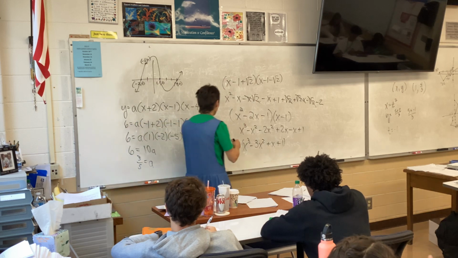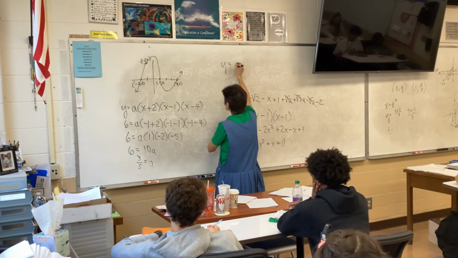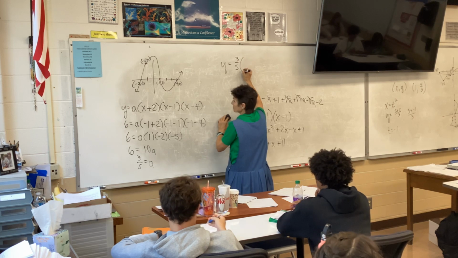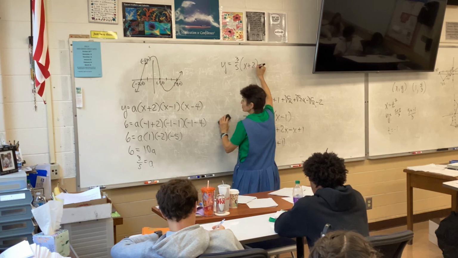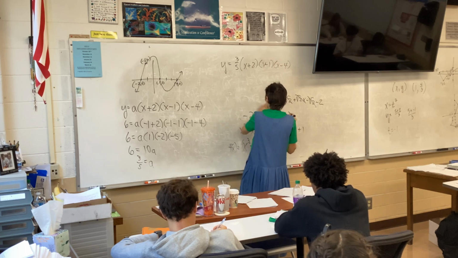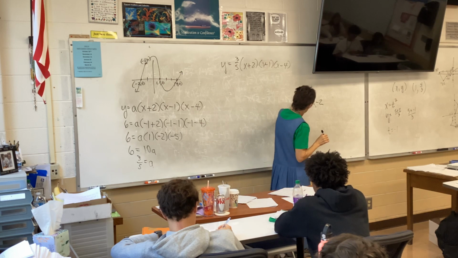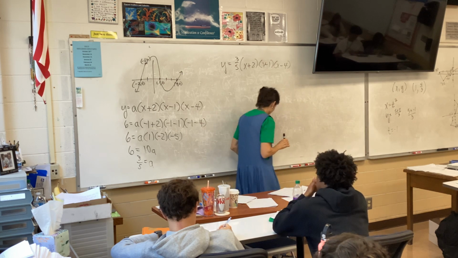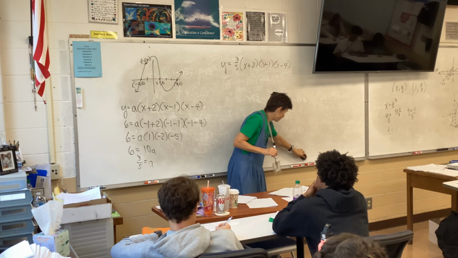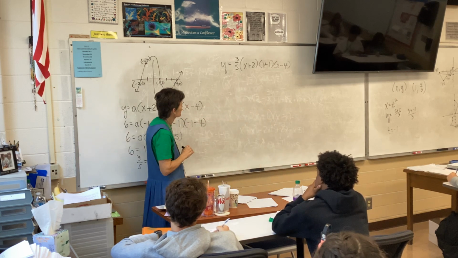So my polynomial is 3/5 x plus 2, x minus 1, x minus 4. Sometimes I don't make you multiply it out, and I want to save time, so we're not going to multiply this out.